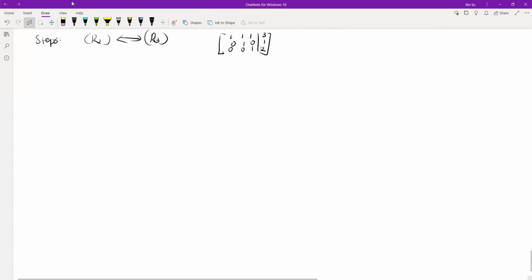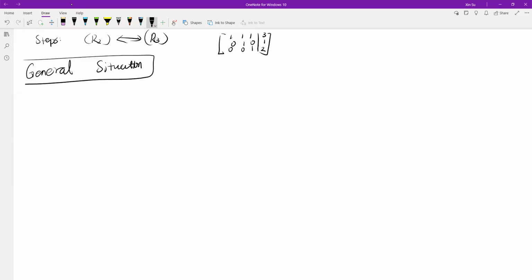So for the general situation, what should we do for each step? Let's say we have this system of equations: A11x1, A12x2, plus all the way to A1n xn.